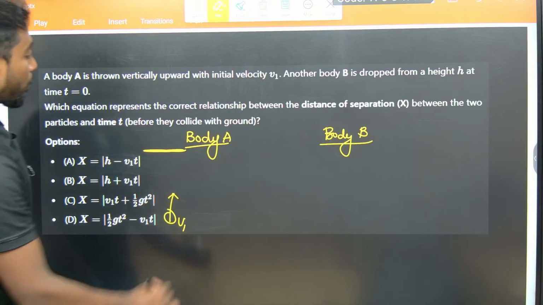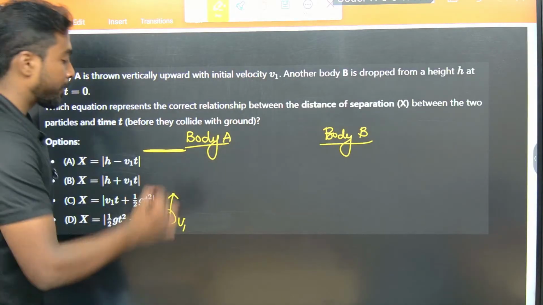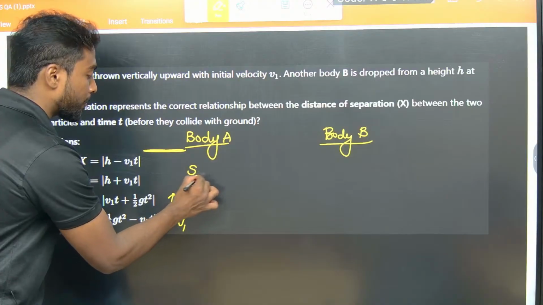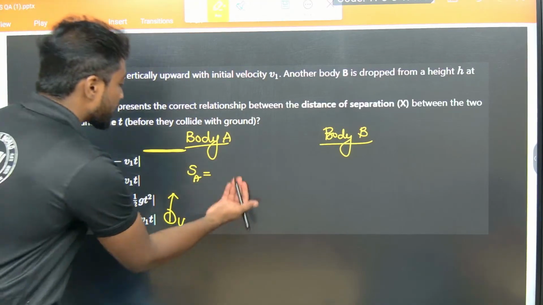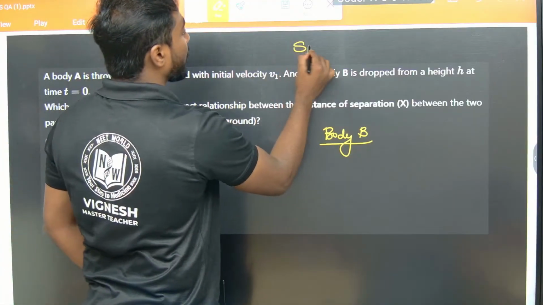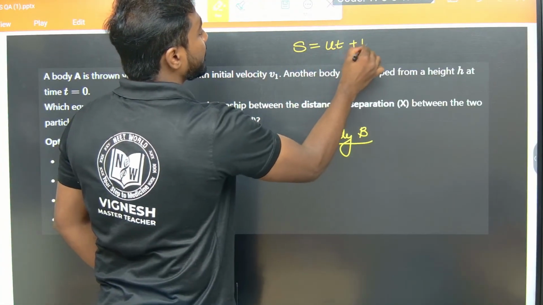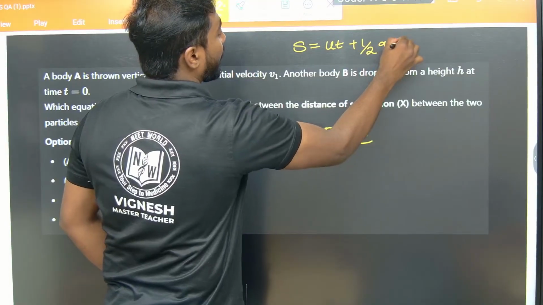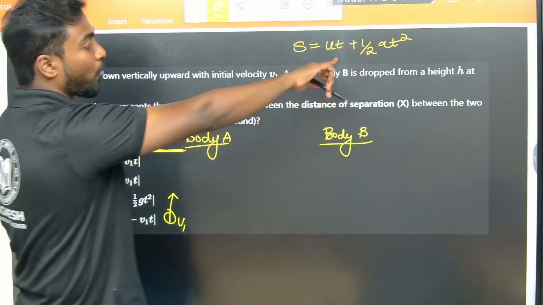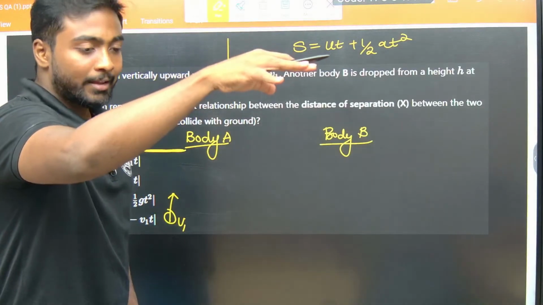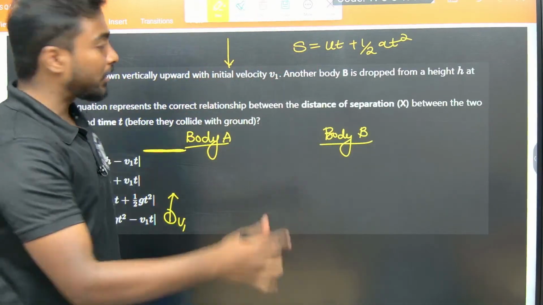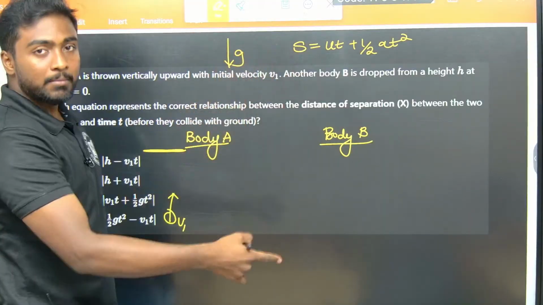Now what about the displacement? SA should be equal to, what is the formula? S is equal to ut plus half at square, right? So I will write the formula here: S equals ut plus half at square. So what about a? If I drop the ball downward, a will be equal to g.